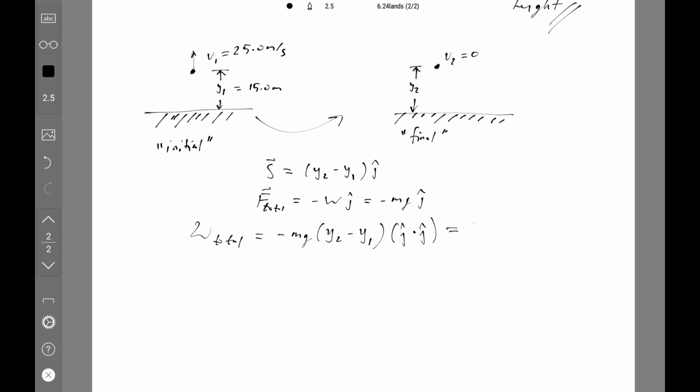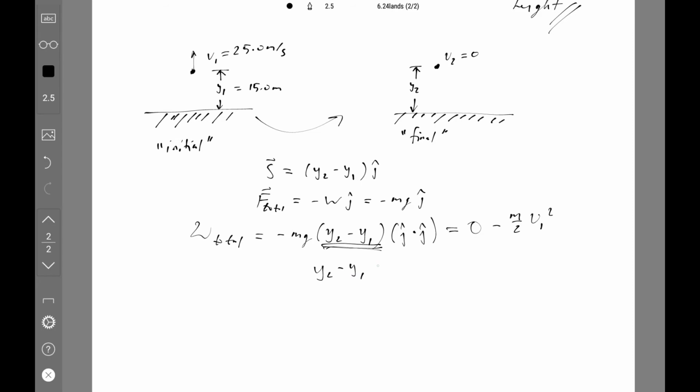Okay, so changing kinetic energy. The final kinetic energy is still 0. The initial kinetic energy is m over 2 v1 squared. We're looking for y2, so let's pause and just look for this distance first, y2 minus y1.